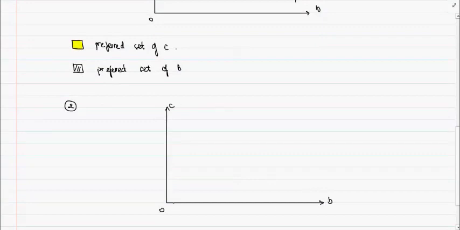I have an indifferent curve, say indifferent curve 1, where this is my bundle C. And I have another indifferent curve, something like this, which is my indifferent curve 2, and this is my bundle B. As you can see, bundle B is preferred to bundle C, which is consistent with the information from the question, because B is higher than C.